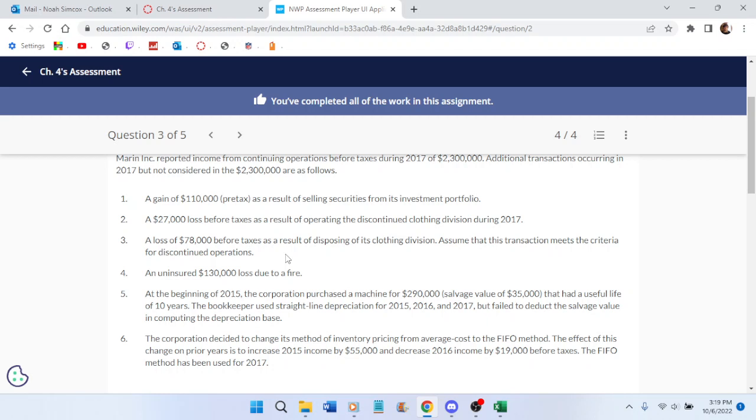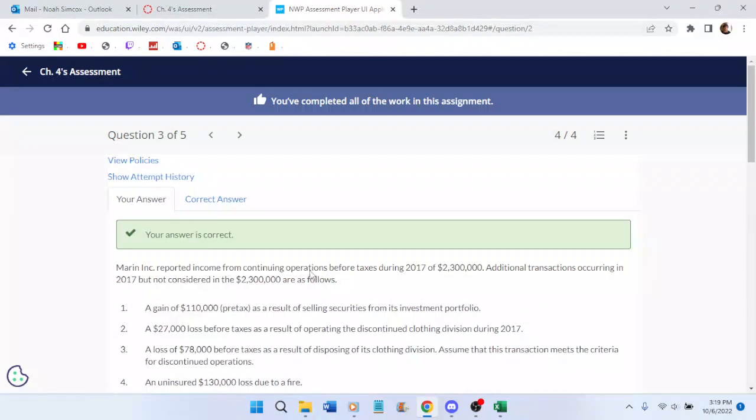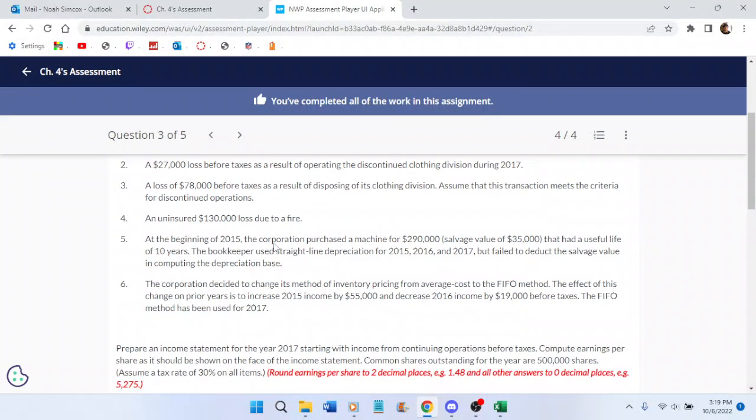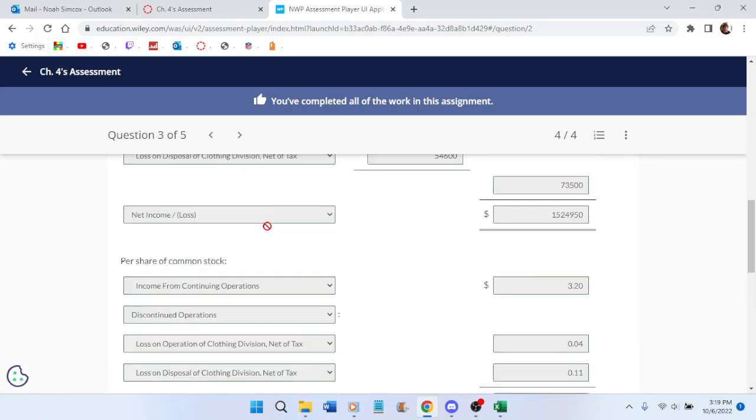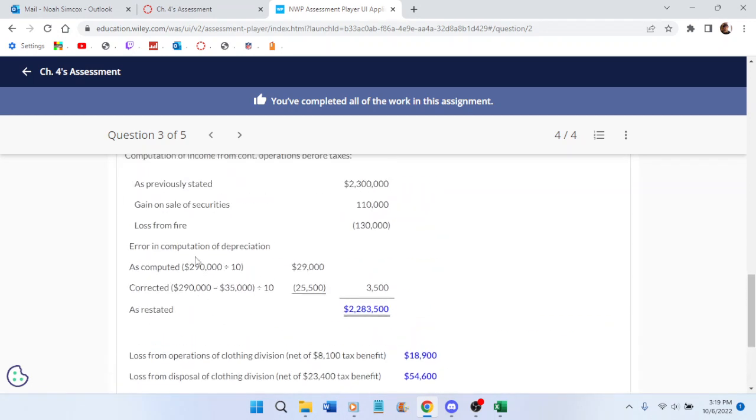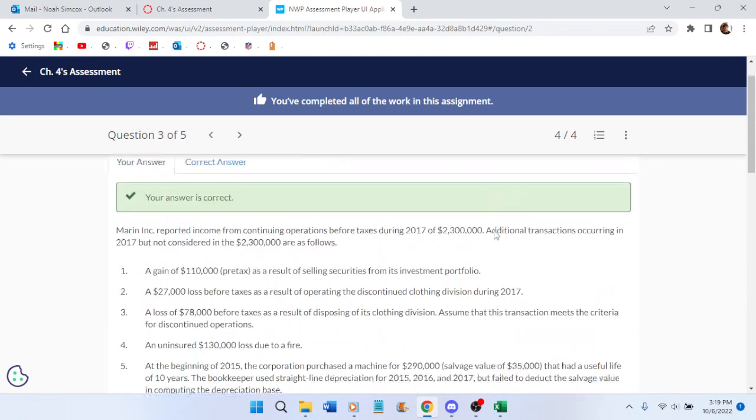Now that's going to be on the income statement, right? That's going to be included in it. I'm not even going to look at it. I'm just going to assume it is. And then if I get it wrong, I'll correct myself. That's a waste of time. Just look at the solution. Do they include the 130? Yes. I saw 130, so that means it's included.